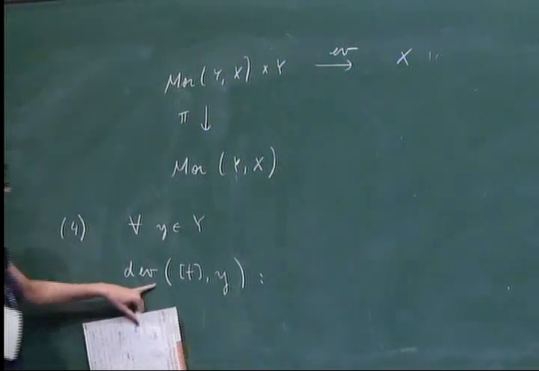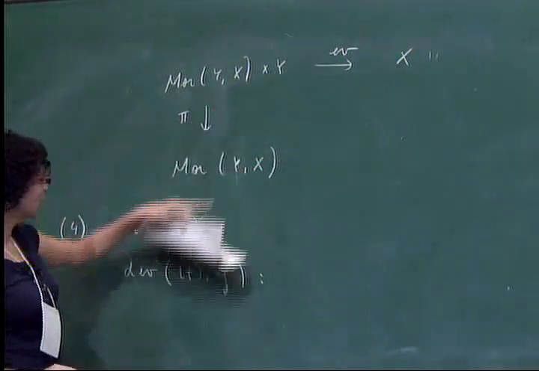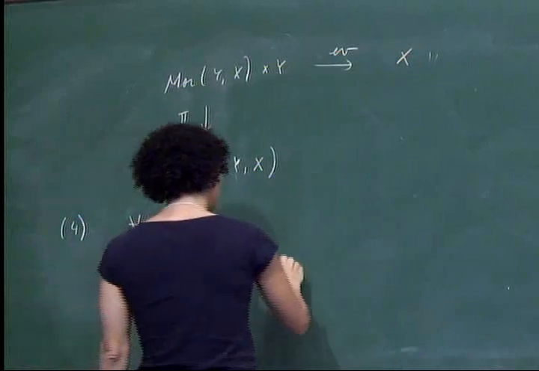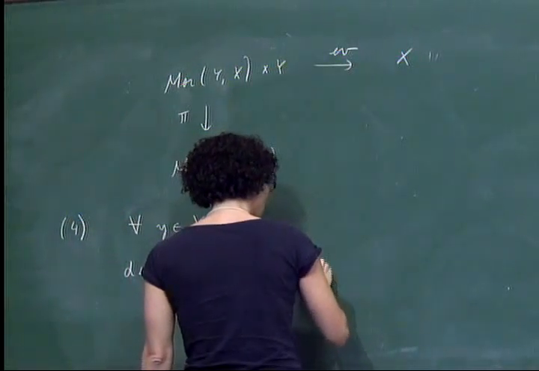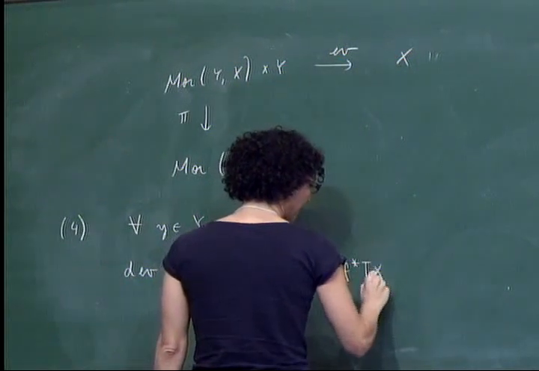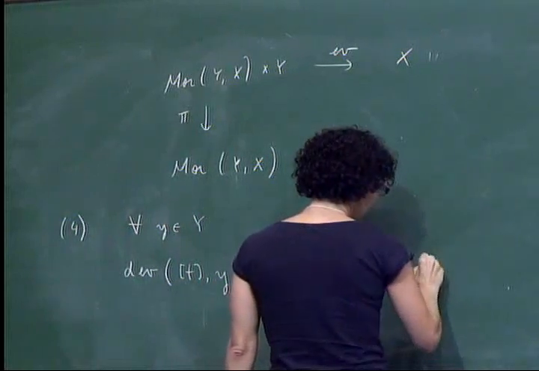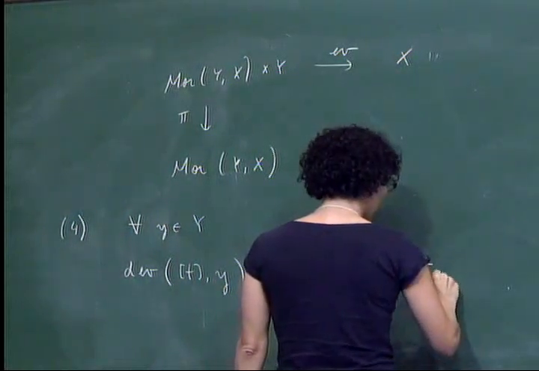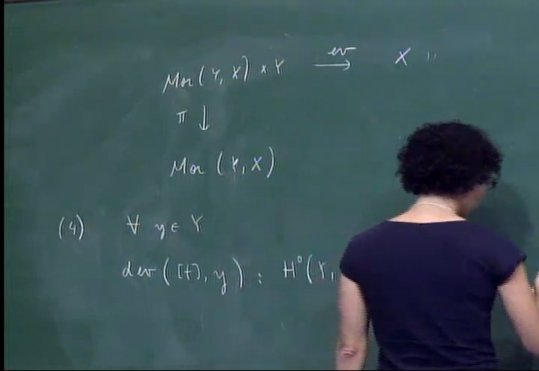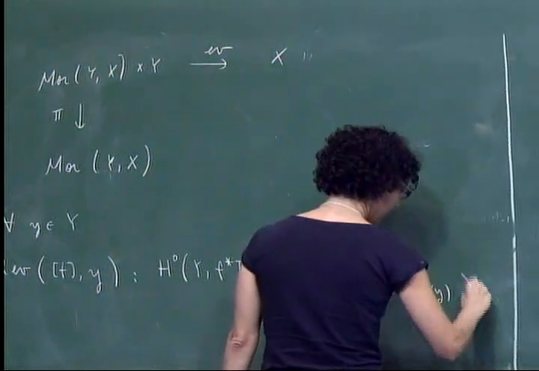This goes from the tangent space at F, which is isomorphic to H naught of Y, F pullback Tx, times the tangent space of Y at y, to the tangent space of X at F(y).